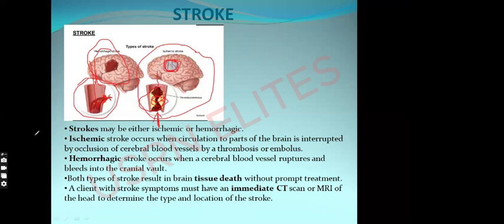If you treat stroke blindly, like let's say someone comes with symptoms of stroke and because of the signs and symptoms you think it could be ischemic stroke, and you end up giving the person something that is contraindicated, you end up worsening the situation.